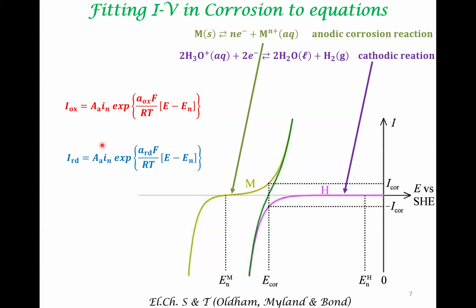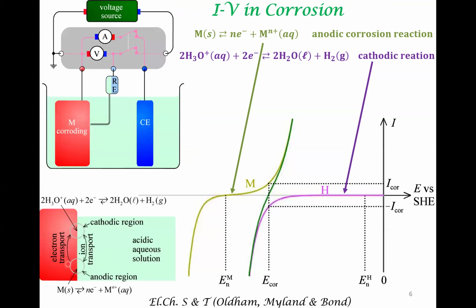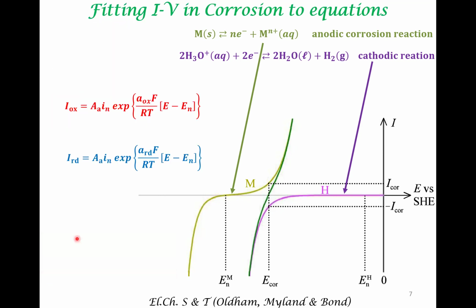We had mentioned that it is not possible to get the exact areas associated with the anodic and cathodic reactions in a corrosion cell, but we can get the area of the corroding sample at steady state, and this corresponds to that area.